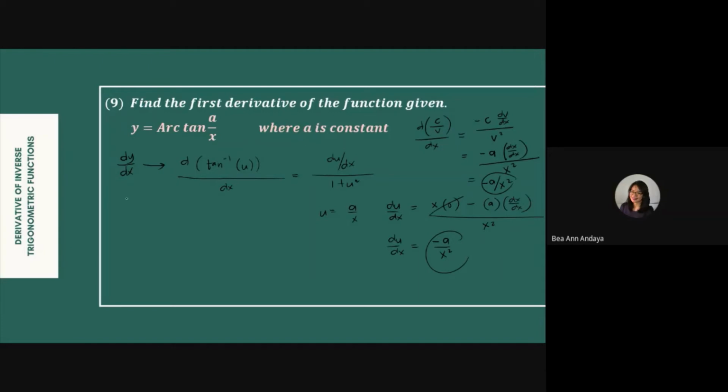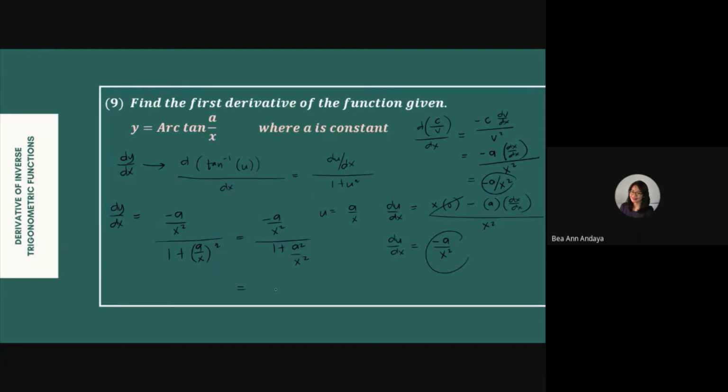So much with that. Let's now proceed to the derivative of y with respect to x, provided that this is already analyzed. So, this is equivalent to, ang lalagay na natin dito ay negative a divided by x squared, all divided by 1 plus u squared, or ang u natin ay a divided by x, and you square that one. Or this is similar to negative a divided by x squared divided by 1 plus a squared divided by x squared.